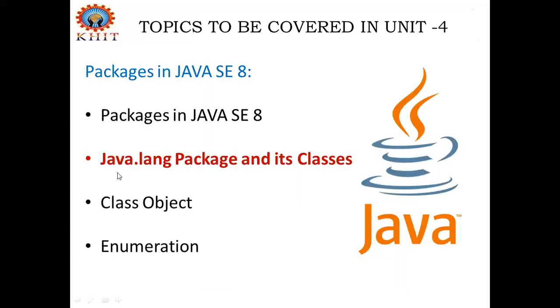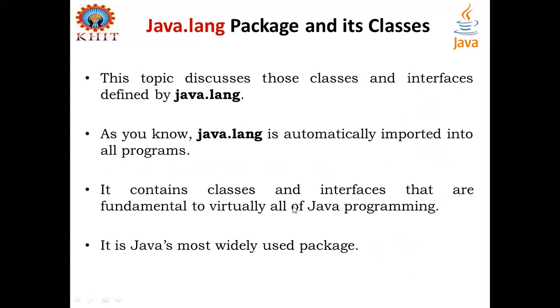Second one is the java.lang package and its classes. We know that this is automatically imported into all programs, right? This package contains different classes and interfaces, as I just showed you. It contains classes and interfaces that are fundamental to virtually all of Java programming.